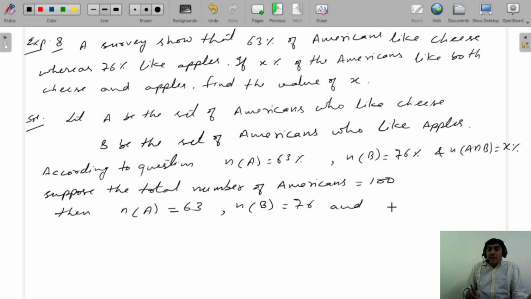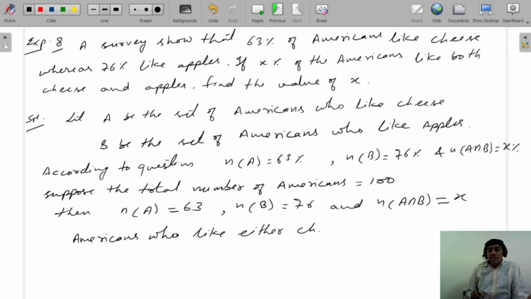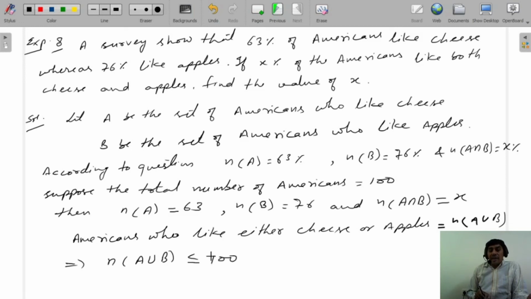And n of A intersection B, that means the Americans who like both cheese as well as apple, is equal to X. Americans who like either cheese or apples is equal to n of A union B. This implies n of A union B is less than or equal to 100, because we suppose the number of Americans is 100.